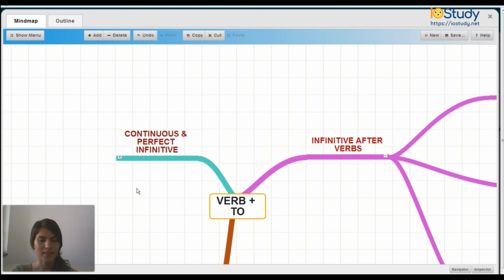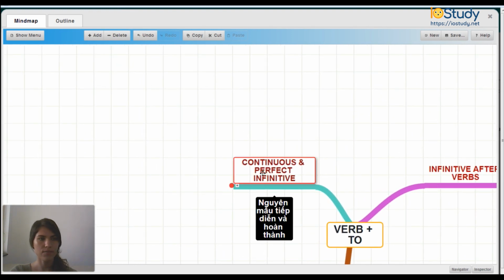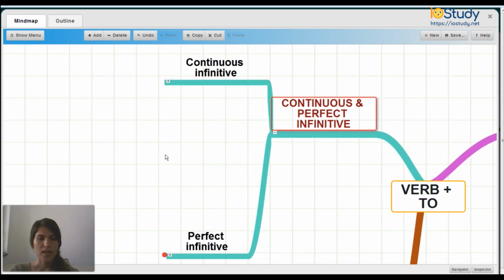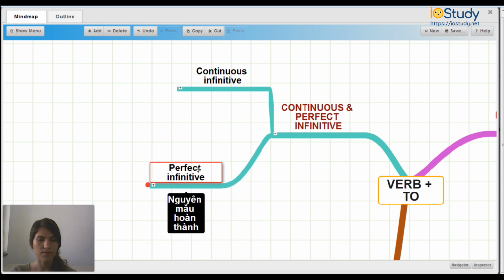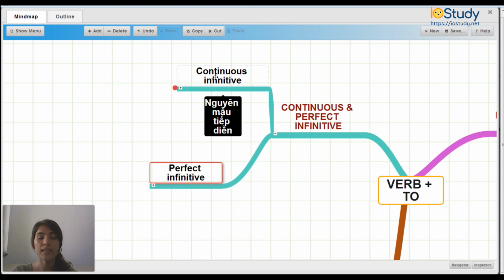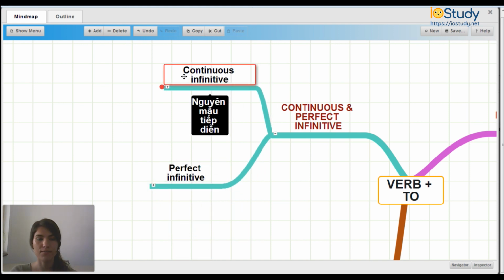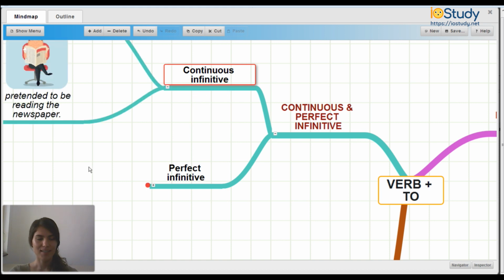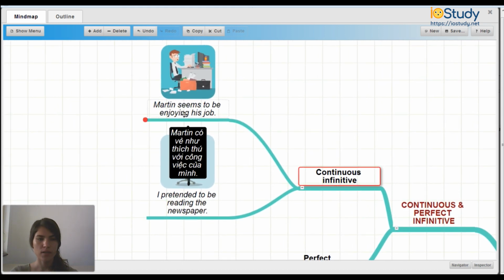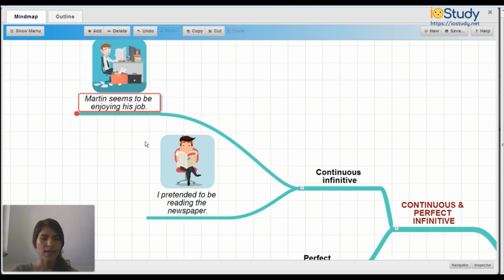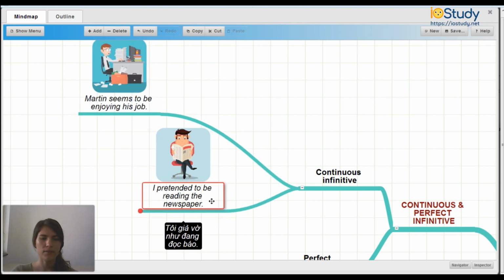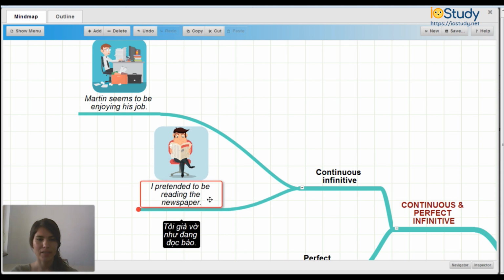Now let's look at the continuous and perfect infinitive. So we have the continuous infinitive and we have the perfect infinitive. Let's look at the continuous infinitive first. So, two examples. Martin seems to be enjoying his job, and I pretend to be reading the newspaper.